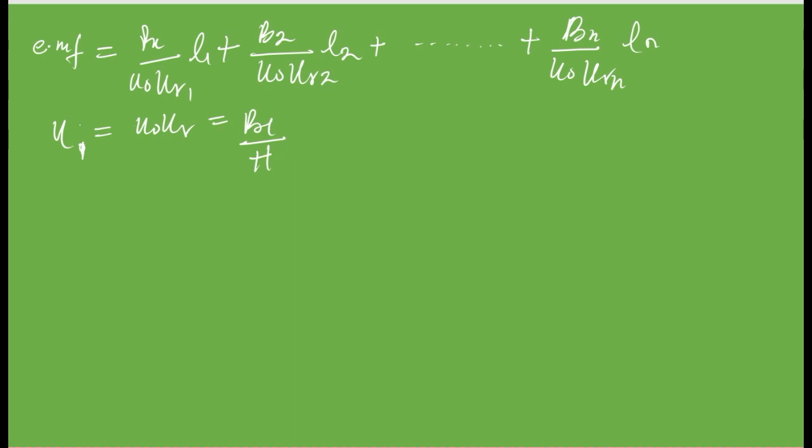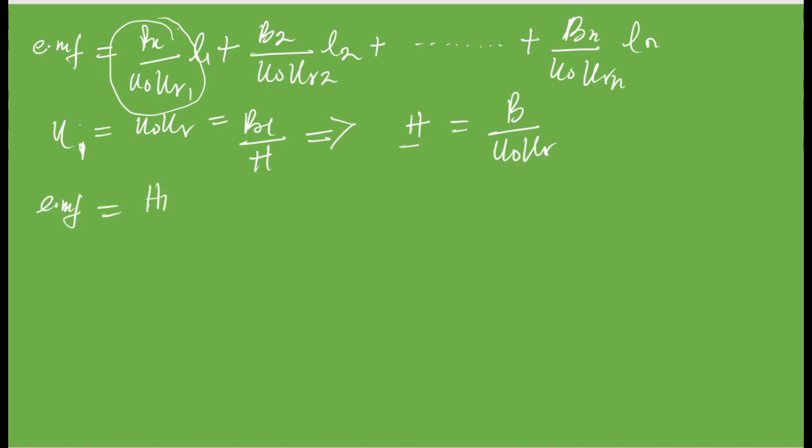Now, if mu naught mu r equals B over H, this implies that H equals B over mu naught mu r. So in place of B over mu naught mu r here, I can simply replace it with my H. Obviously, my m.m.f will equal H1 L1 plus H2 L2 plus H3 L3 plus, and it continues this way, the last magnetic field material, which will be Hn Ln.